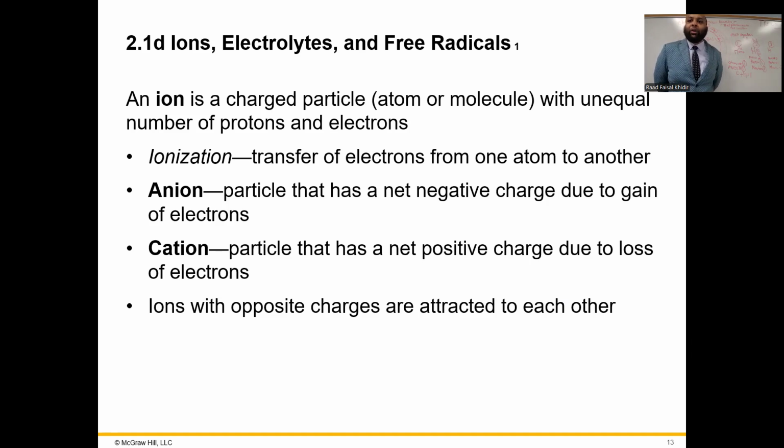An anion is a particle that has a net negative charge due to the gain of electrons, and a cation is a particle that has a net positive charge due to the loss of electrons. So ions with opposite charges are attracted.